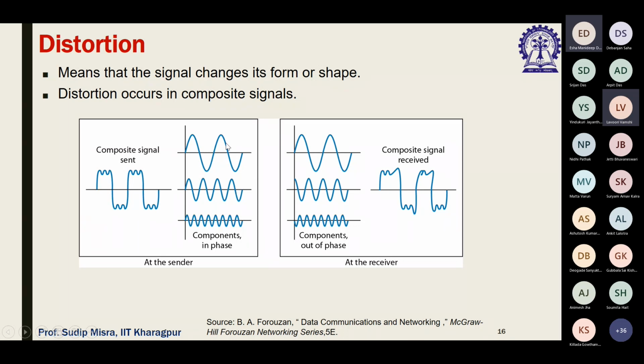These components are in phase, whereas these components are out of phase. This is quite visible, right? Like from your physics knowledge. So the composite signal in essence gets distorted at the receiver end in this fashion. This is called distortion.